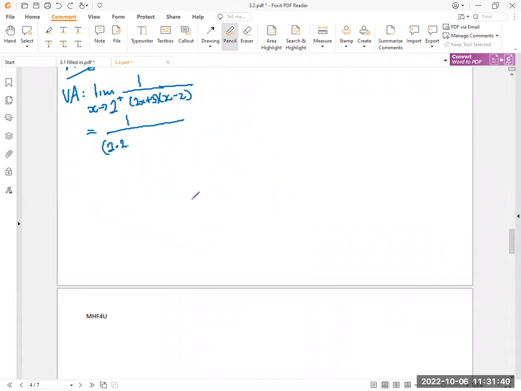With that said, this is going to be essentially 1 over a really small number. It's going to be positive infinity. Limit as x approaches 2 from the negative side, so the smaller side. Once again, this is approximately a 7, like 6.999 or something.